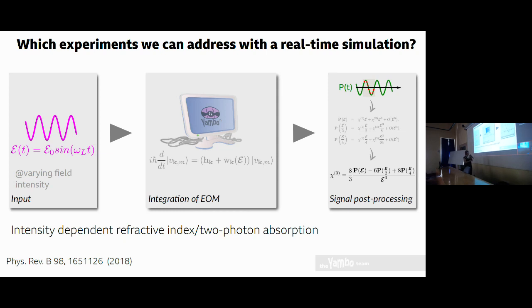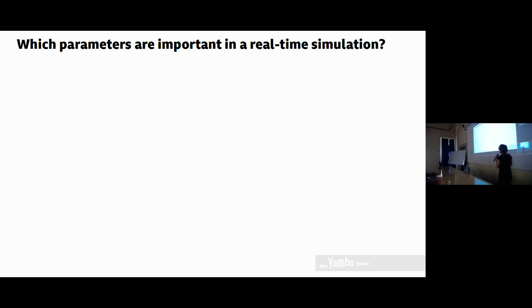And then we just expand this polarization as a power of the field, and by some algebra, comparing the polarization at the field, at half the field and a fourth of the field, we can extract, for example, the third order susceptibility from there at the frequency of the laser. So this is different from third harmonic generation.